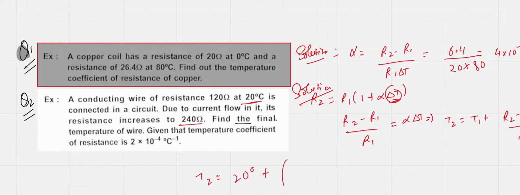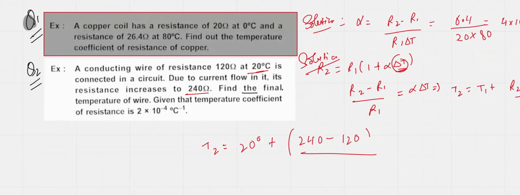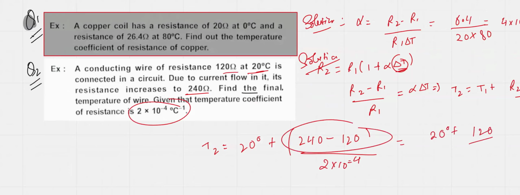R2 is basically 240 minus 120, divided by alpha. What is that? This one, 2 into 10 to the power minus 4. So this comes out as 120 divided by 2 into 10 to the power minus 4.